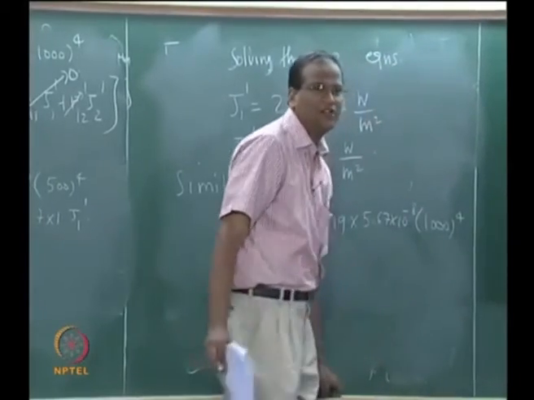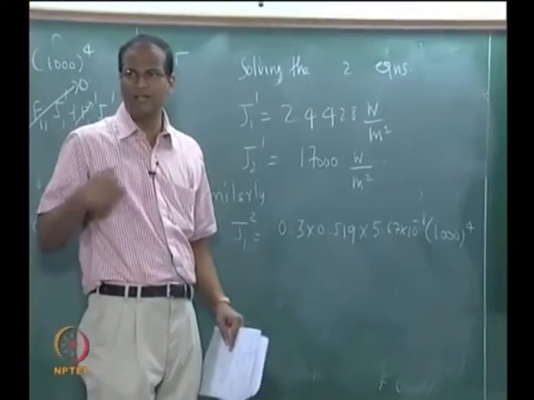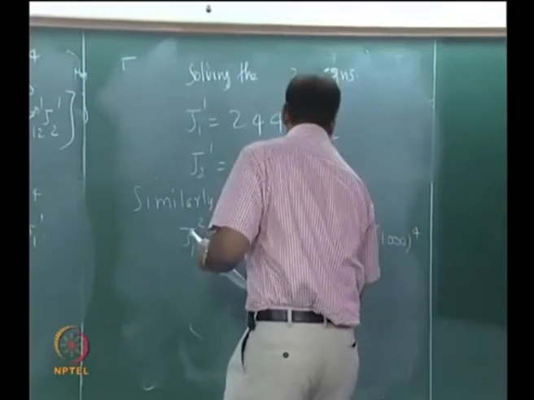Suppose you had 3 surfaces and you had self view factors, it will be very messy. Then you have to do the same thing again and again for however many bands you have.